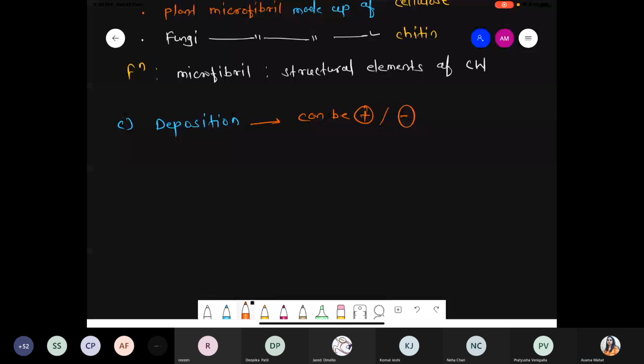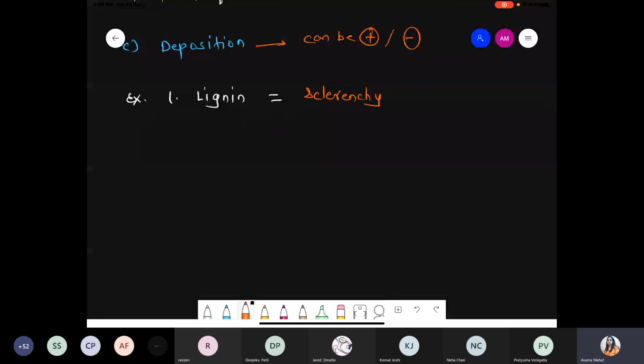Okay, so quickly we are taking a few examples. First example, lignin deposition. Lignin is very common in sclerenchyma, which is a dead tissue. It is present in sclerenchyma, as well as in tracheids, which are responsible for water conduction, and in vessels. In fibers, like xylem fiber and phloem fiber, lignin is also present.